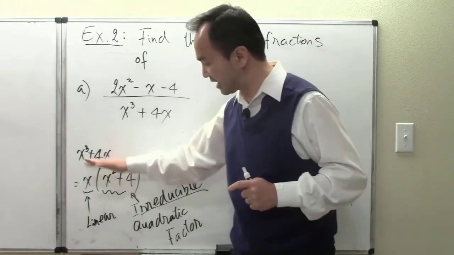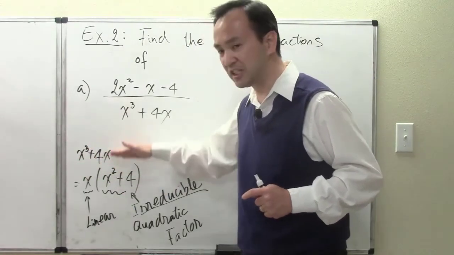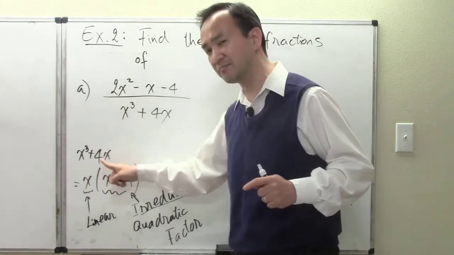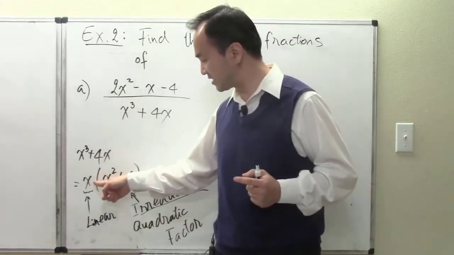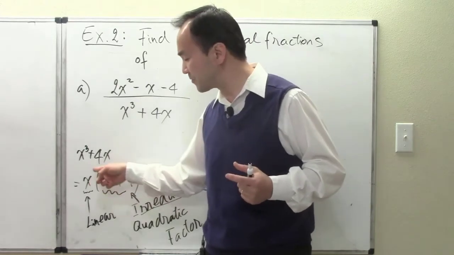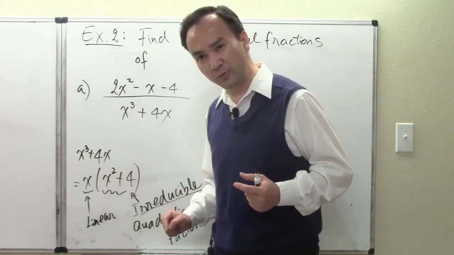So now we're clear that the factor product for our denominator is a mix. The specialty of this problem is that the factor product contains a mix between linear factors and an irreducible quadratic.